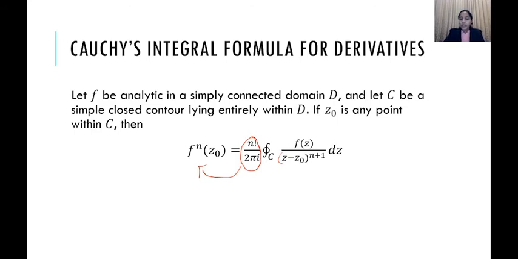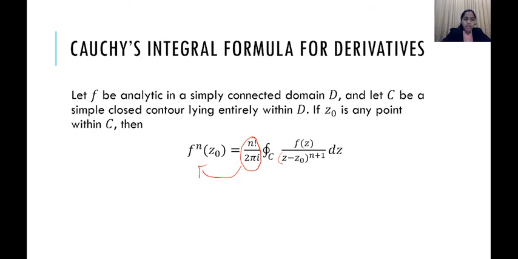So I can use this formula to determine the contour integral, right? That is our main problem, how to determine the contour integral. So integral over c f of z by z minus z dot raised to n plus 1 will be nothing but 2 pi i by n factorial into f n of z dot. Okay, so we can use this formula to determine that particular integral.